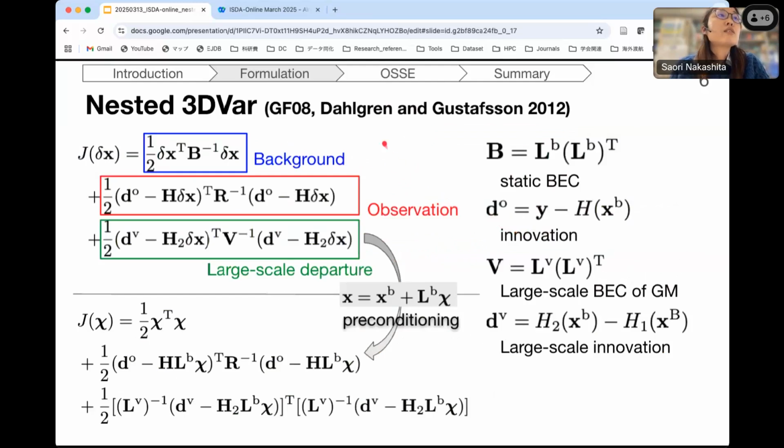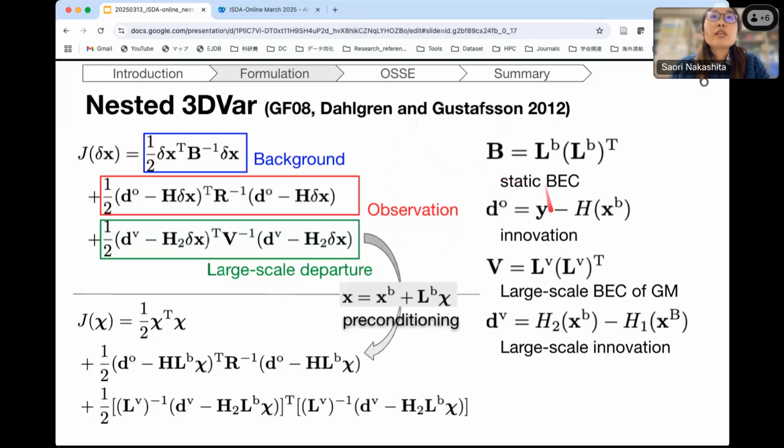As a result, the cost function for nested 3DVar can be formulated as the sum of three terms: background, observation, and large-scale departure. Then we introduce the control variable transformation using the square root of the background error covariance B. This is the preconditioning for efficient minimization following Dahlgren and Gustafsson 2012.